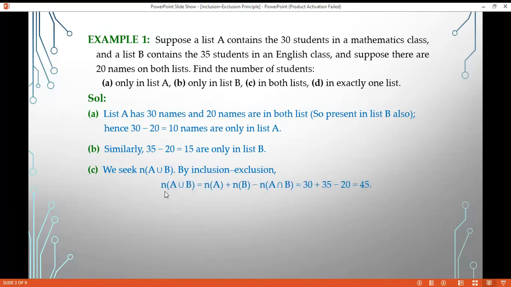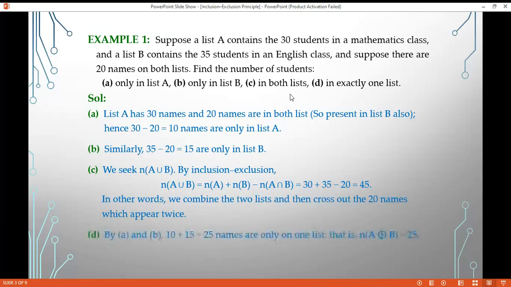The number of A union B is equal to number of A plus number of B minus number of A intersection B. We know that number of A is 30 students, number of B is 35 students, and in both lists we have 20 students. So when we calculate, this is 45. So we can say that 45 students are in the lists.